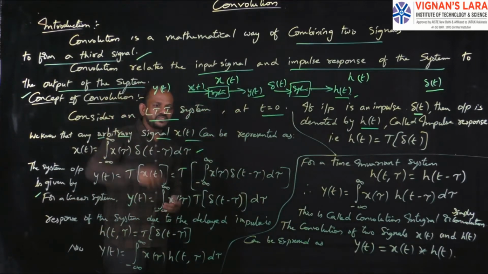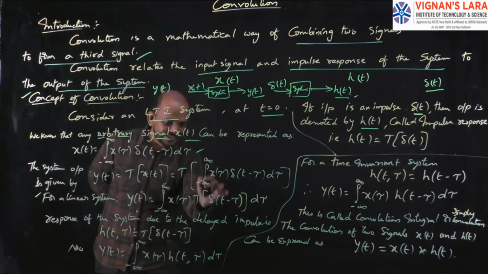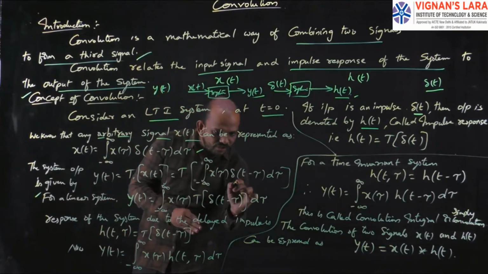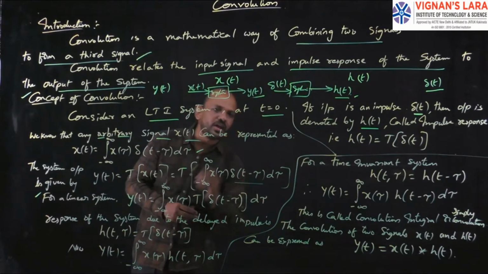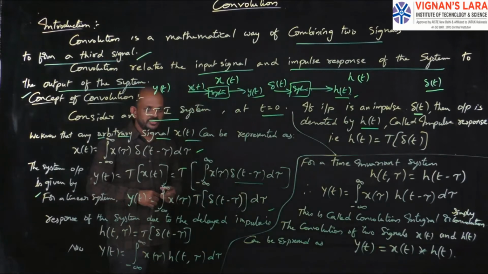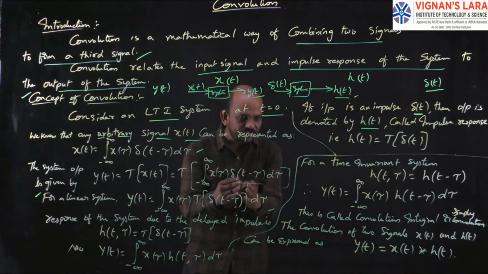I consider this system as a linear time invariant system. So for a linear system, y of t will be equal to integral minus infinity to infinity x of tau, a transformed version of del of t minus tau d tau. Simply as a linear system, I can bring this transformed version inside of this integral.